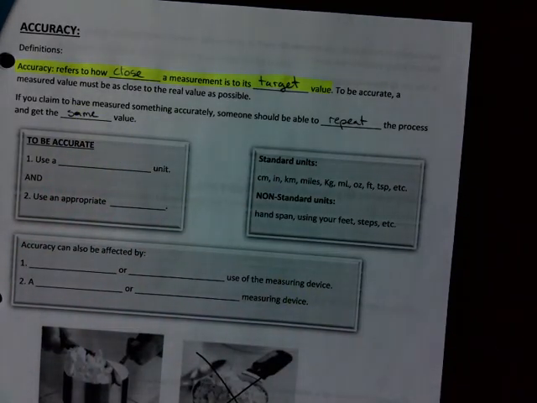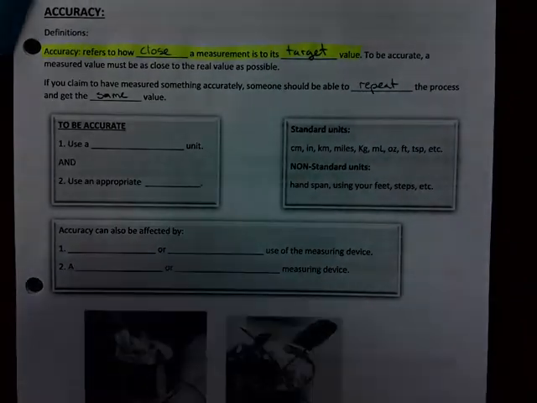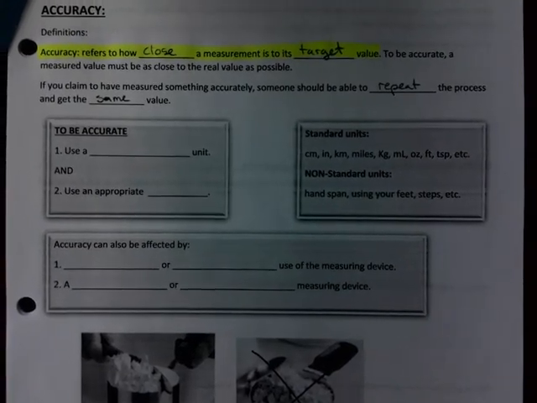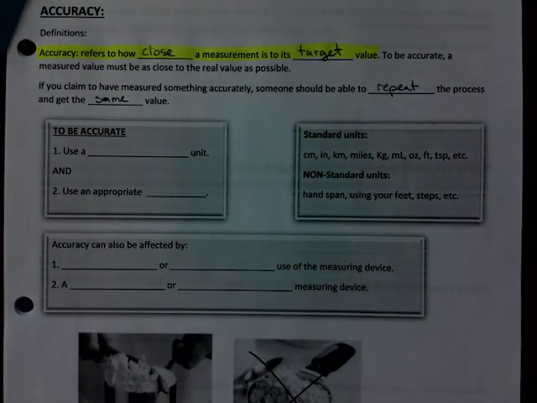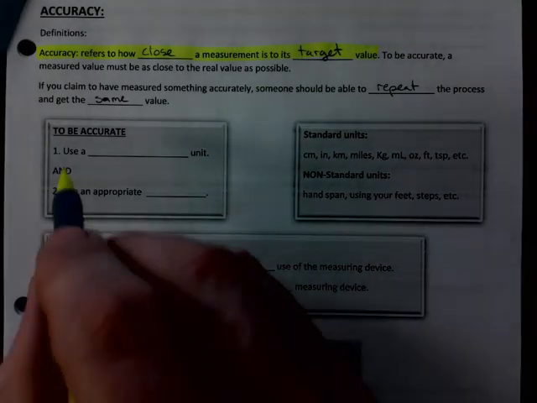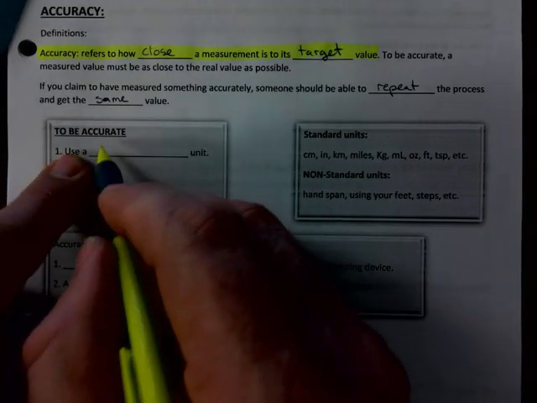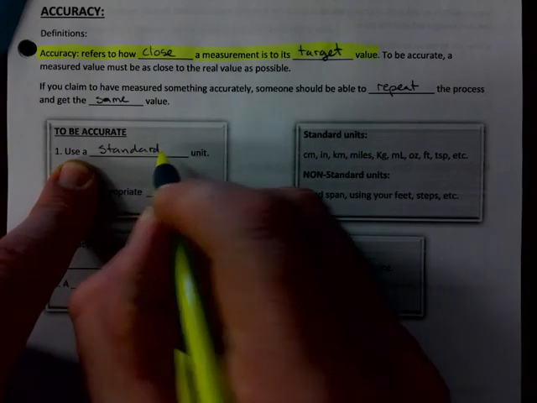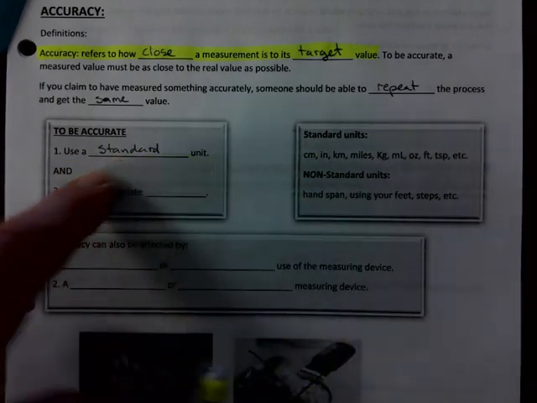Okay? Somebody should be able to, hey, I measured the football field. Go ahead and measure it. If somebody else can take your measuring tool and repeat it and get the same, you're accurate. Okay? So, to be accurate, we use a standard unit. Okay, standard unit, that's important.